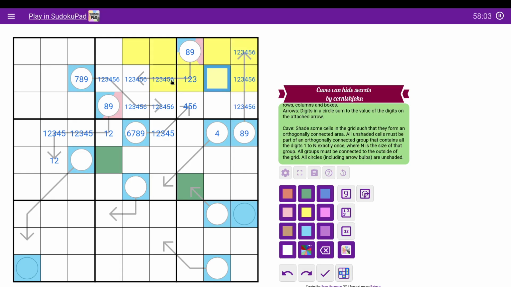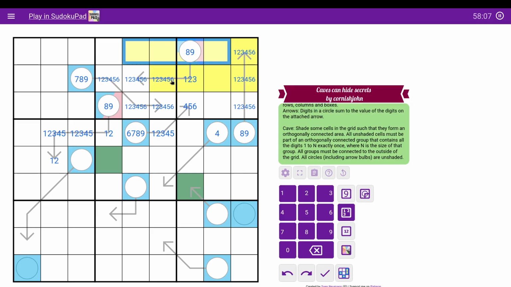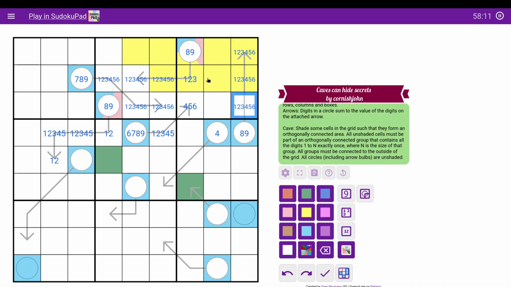Specifically, let's suppose both of these are 9. Then this has to be a group. Then this has to be one of these 3 cells. Specifically, these 3 cells have to be the same as these 3. So this has to be one of these 3.